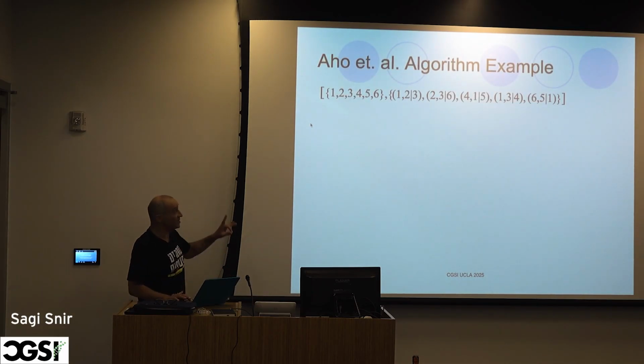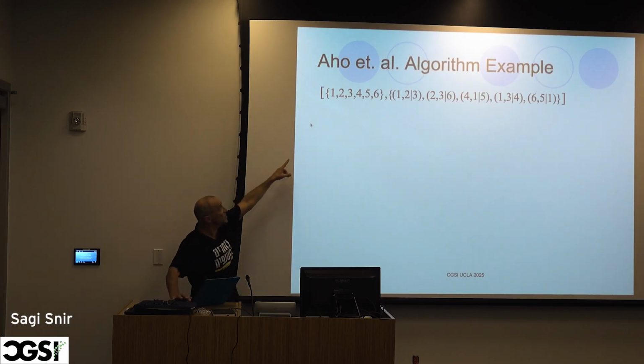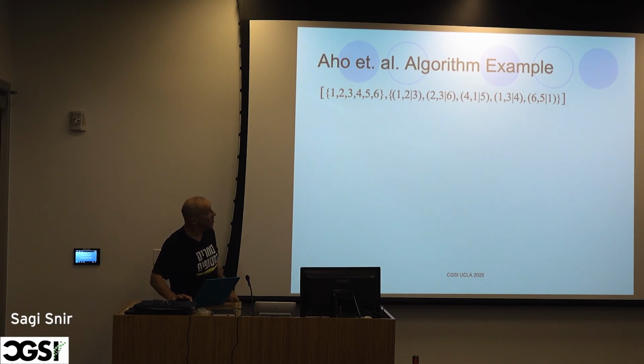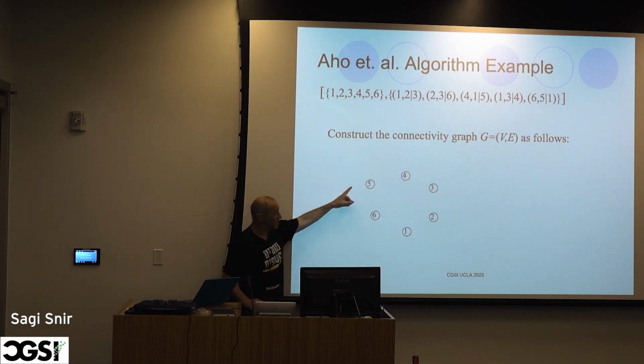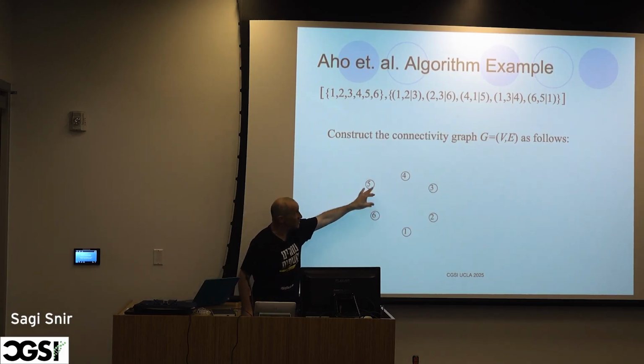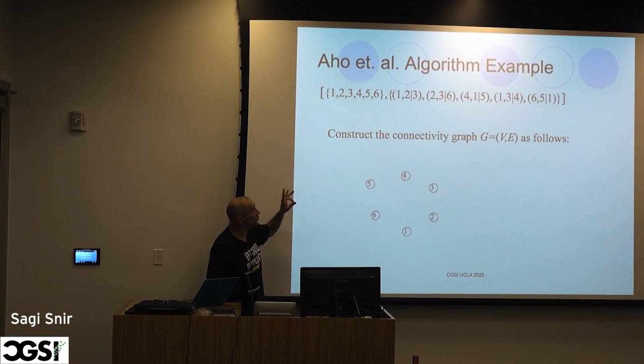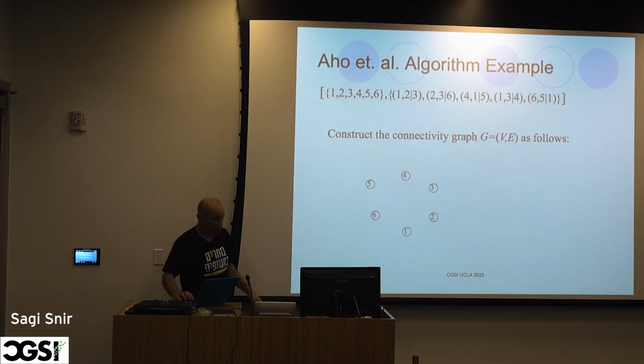Okay, so let's look at a more symbolic example. We have these 6 triplets over this species set of 1 to 6, and we construct a connectivity graph like you see here. We have these vertices, and now go triplet by triplet. We start with the leftmost triplet, and we connect 1 and 2.